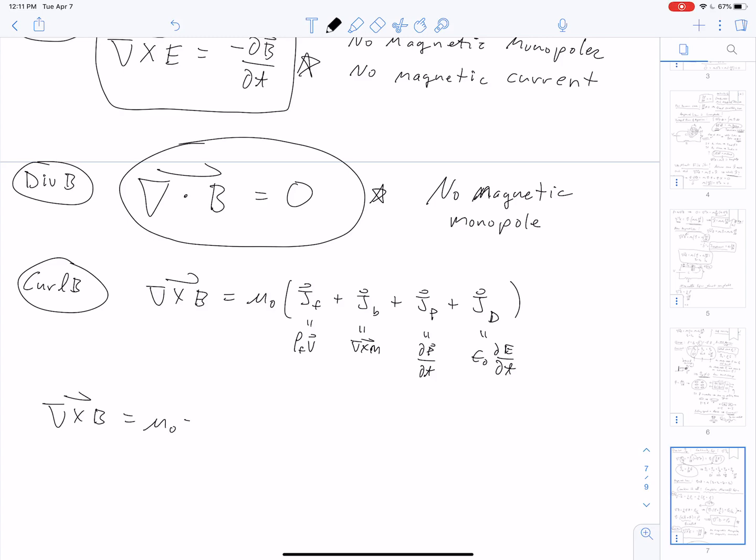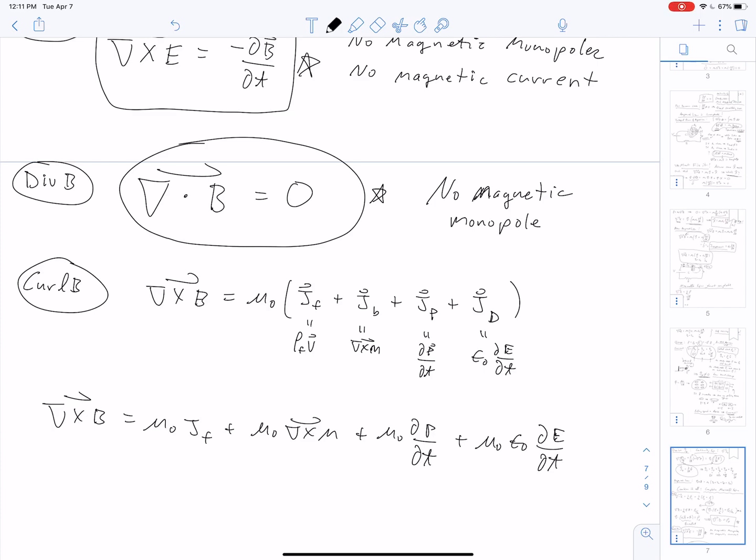We'll write it as mu naught J free, the free current, plus mu naught del cross M plus mu naught dP/dt plus mu naught epsilon naught dE/dt.